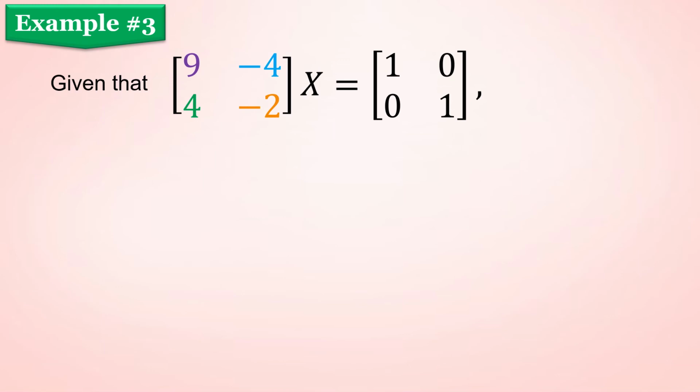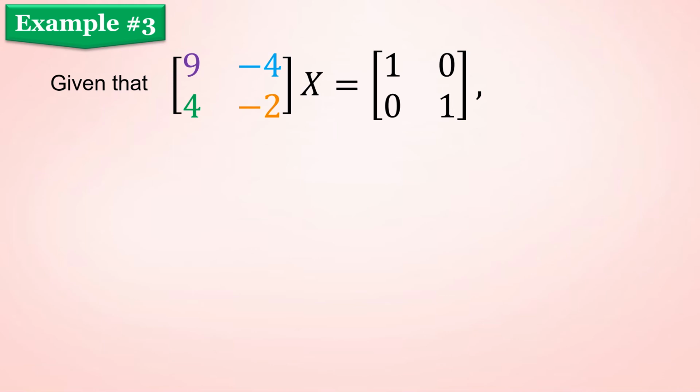So let us have example number 3. Given that 9, negative 4, 4, negative 2 times a certain matrix X is equal to 1, 0, 0, 1. We all know that 1, 0, 0, 1 is the identity matrix.